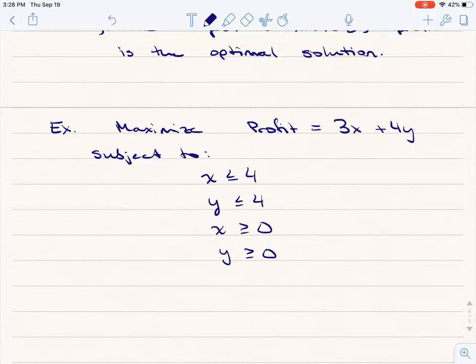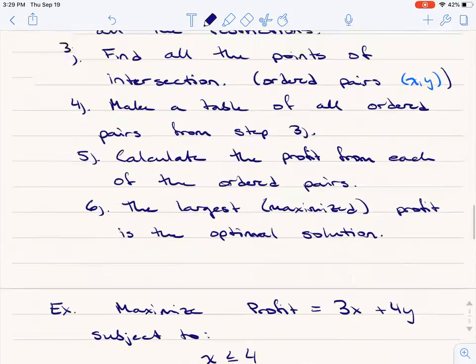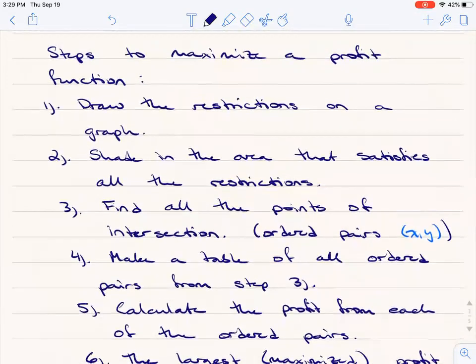All right? And so we want to know, okay, what combo of X and Y is going to maximize our profit? Right? And so this one you can just look at and say, oh, 4 and 4 looks pretty good. Crank them up, right? But this is just to illustrate the procedure. And so what we do, if we go back here, is the first step is to draw the restrictions on a graph.